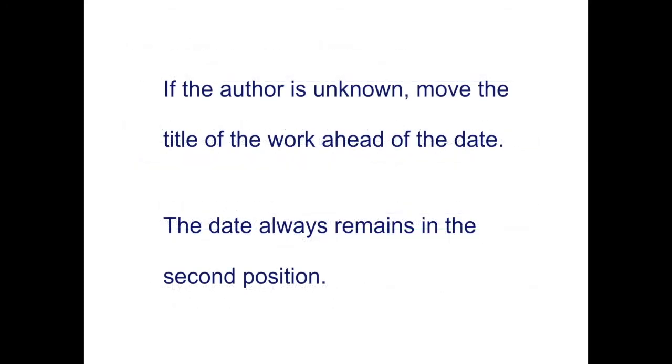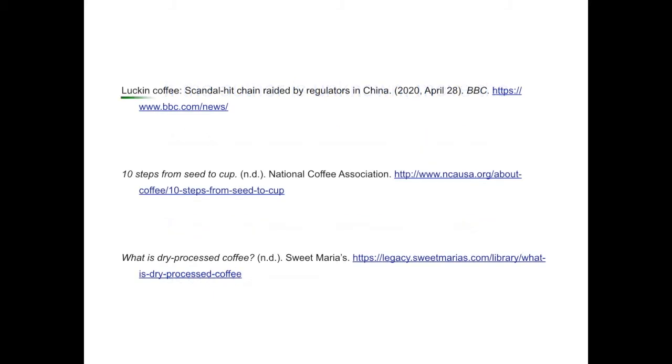If the author is unknown, you are going to move everything to the left. However, you are always going to pin the date in the second position. Let me show you what I mean by this. Here we see the title of the work, Luck and Coffee, Scandal Hit Chain Rated by Regulators in China.